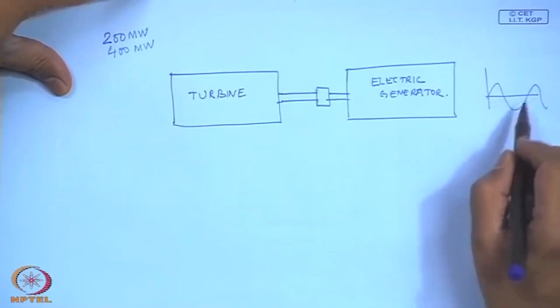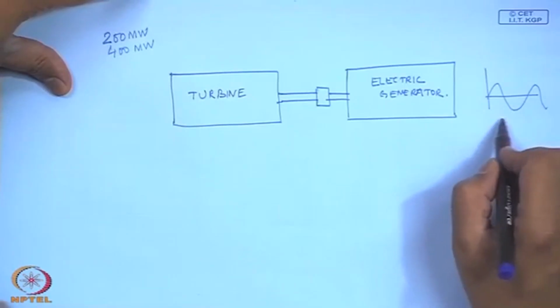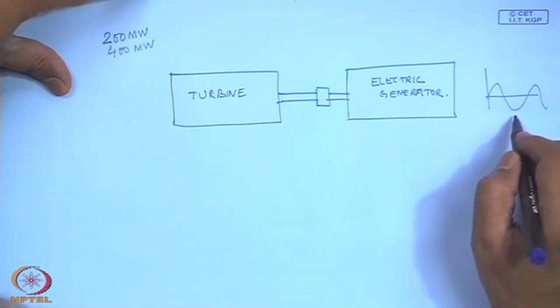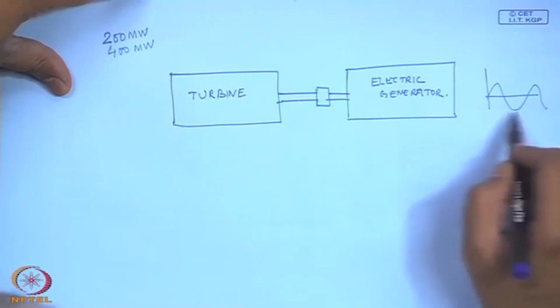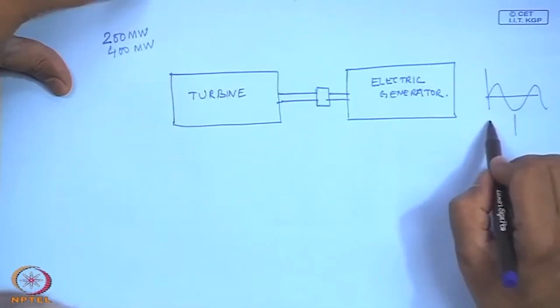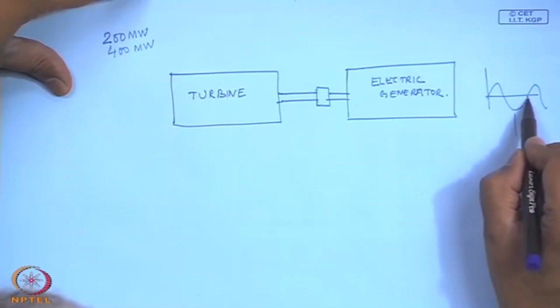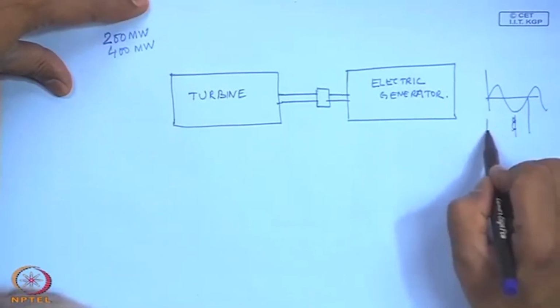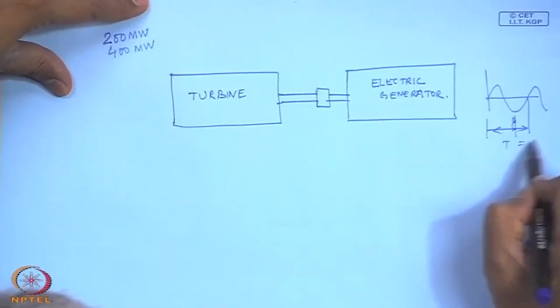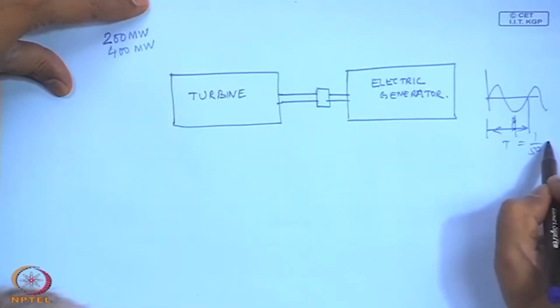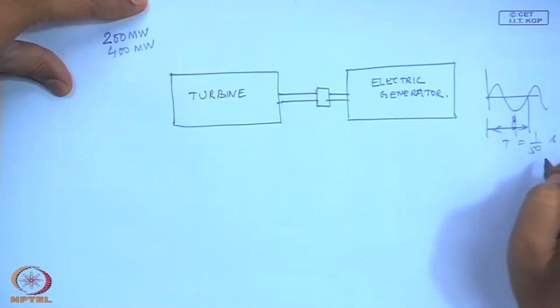By the way, I should tell you, when we talk about the frequency of the current being generated in our country, this time period corresponds to 1 by 50 seconds, because our supply is 50 hertz.